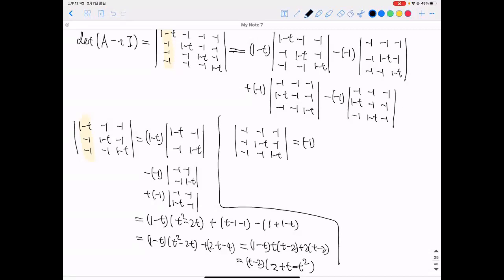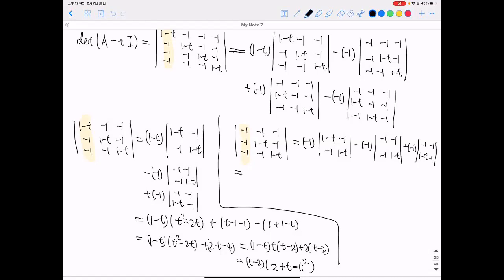So again, we're going to expand along the first column. That's 1 minus t, minus 1, minus 1, 1 minus t, minus 1, minus 1, minus 1, minus 1, 1 minus t, plus minus 1, minus 1, minus 1, oops, minus 1, minus 1, 1 minus t, minus 1.